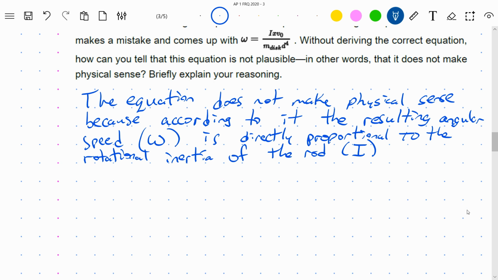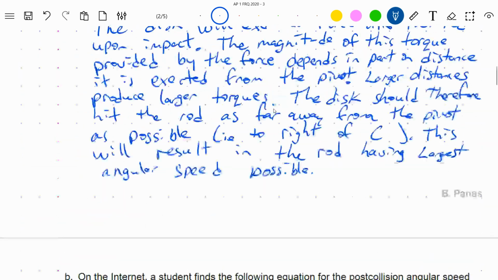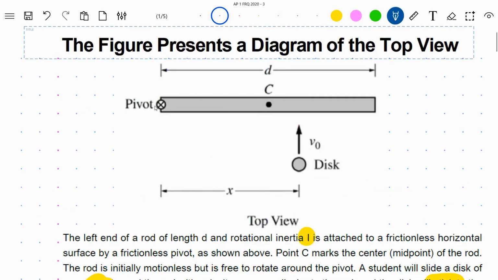If the moment of inertia or rotational inertia of the rod was larger, so let's go back to the diagram for a second, if the rod was made heavier, for example, or if it was made longer, either one of those would increase the rotational inertia of the rod. Well, if you have this collision with the disc here, that enhanced rotational inertia of the rod would make it harder to rotate and would lead to a decrease in the angular speed of the rod after impact.